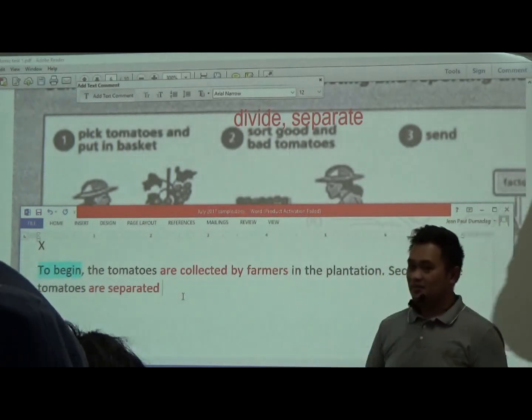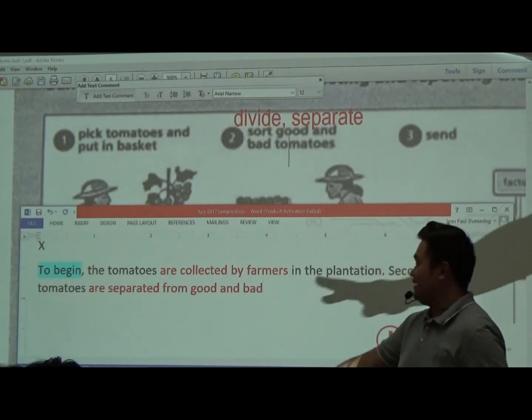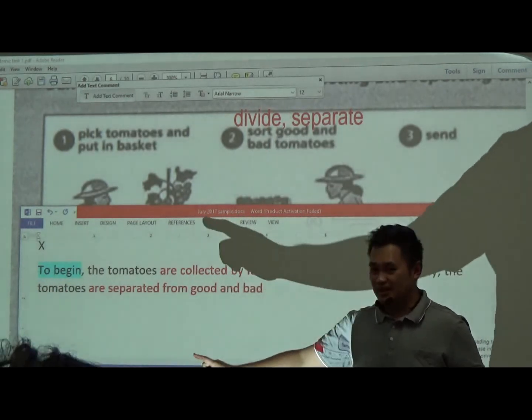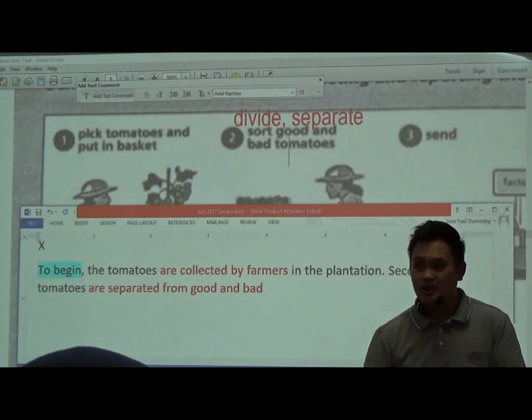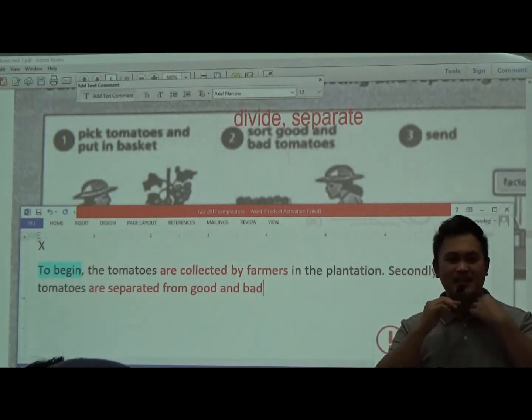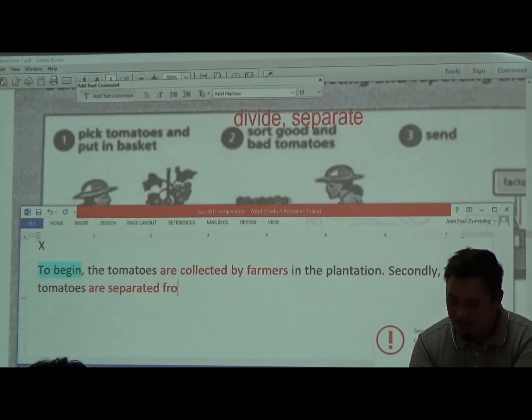The tomatoes are separated from good and bad. That's okay. But this is quite simple English. If you want band 6 or higher, we need to use what is good, what is bad. What is that? Their quality. Good. So we will say separated according to quality.